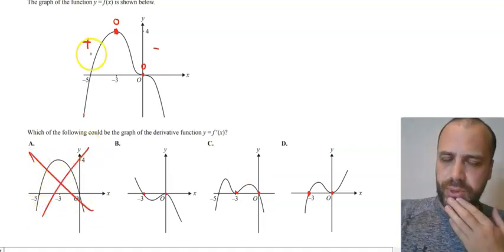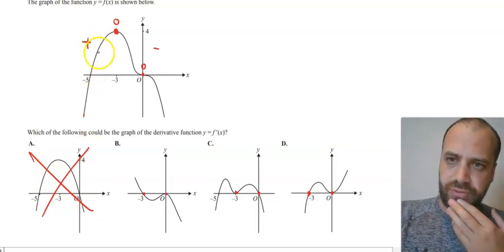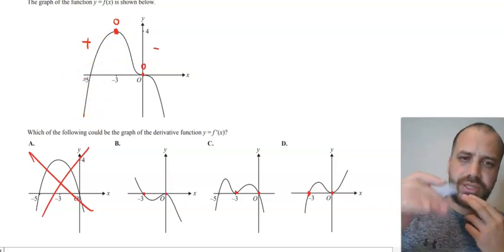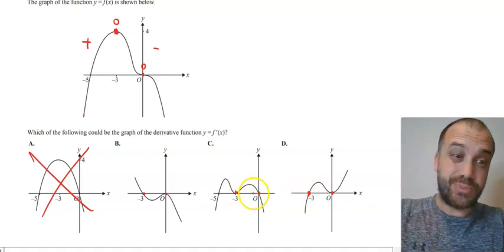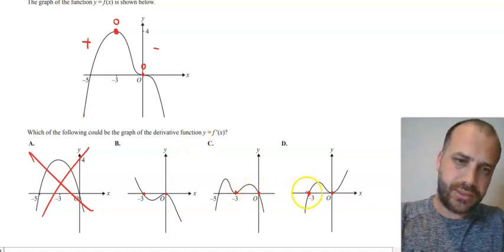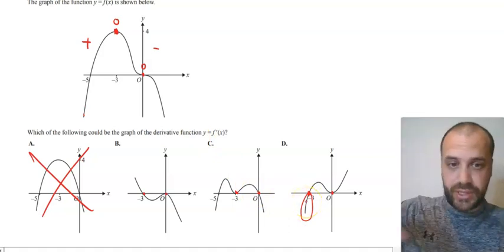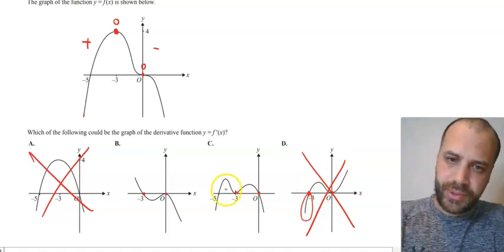Now we're looking for a positive gradient from -5 to -3, and even before -5. Positive gradient means that the y coordinate from -3 onwards is positive. Look here. The y coordinate's not positive to the left of -3. It's negative, so that one's out. Look here.